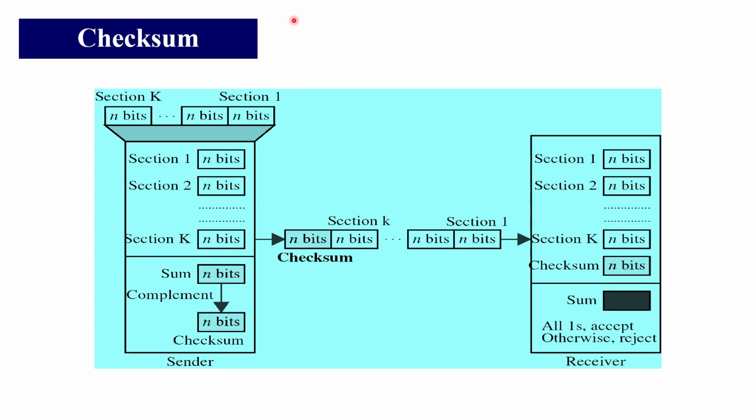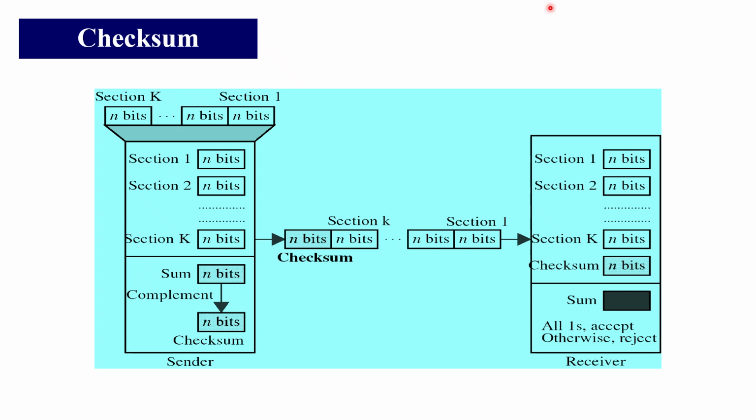Checksum works on the concept of redundancy just like other error detection methods. At the sender's end, a component called the checksum generator processes the data. The data unit is divided into equal segments of n bits, typically 16 bits each. These segments are then added together using one's complement arithmetic so that the total remains n bits long.